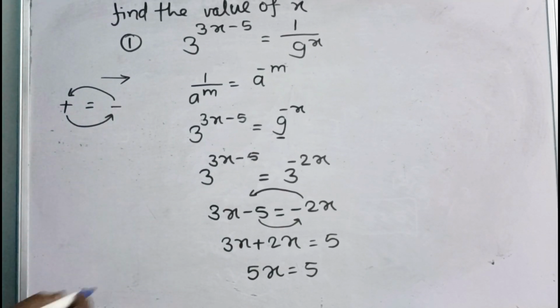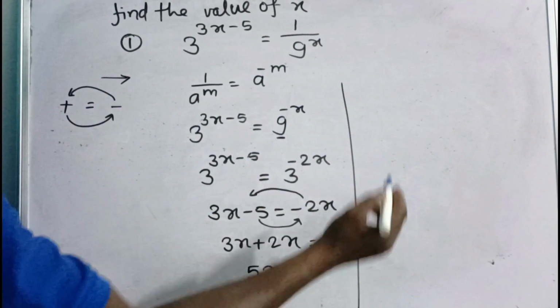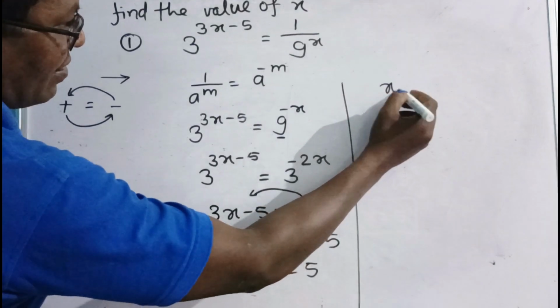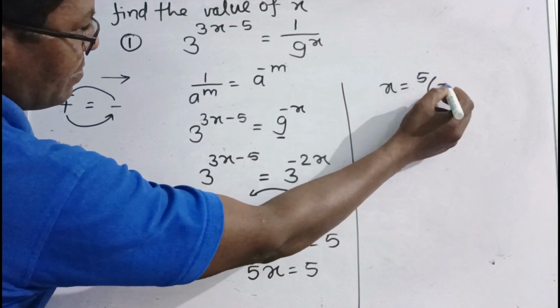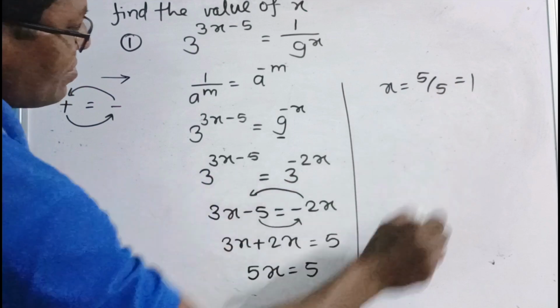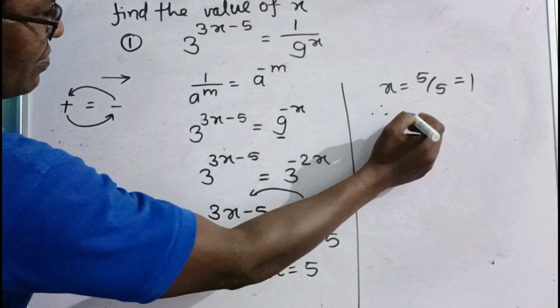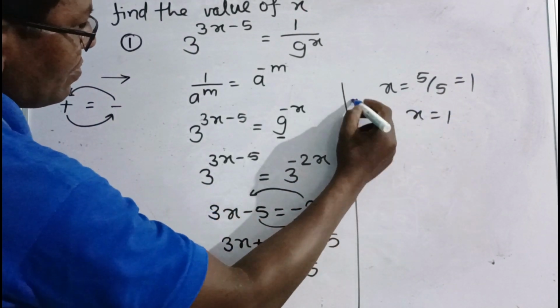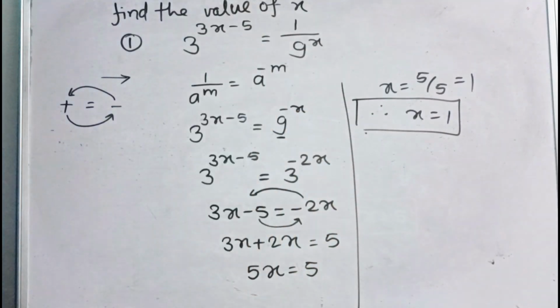Now x is equal to 5 by 5 is equal to 1. Therefore x is equal to 1. This is the answer.